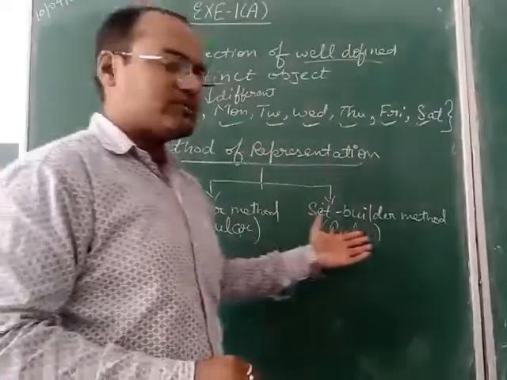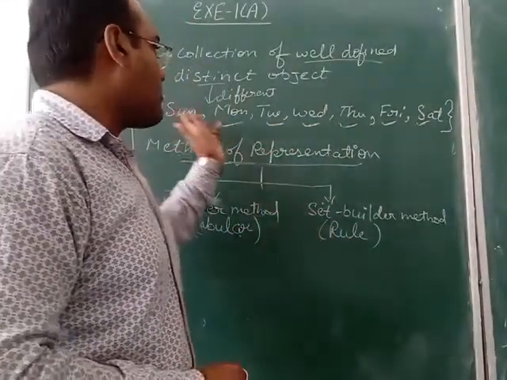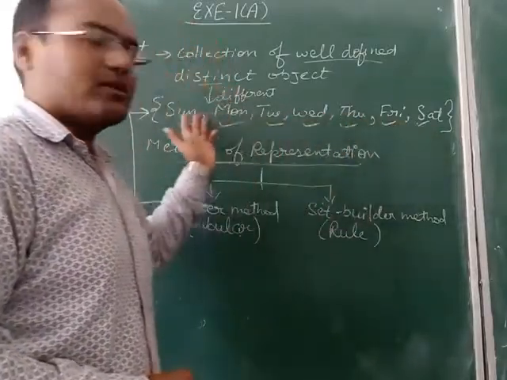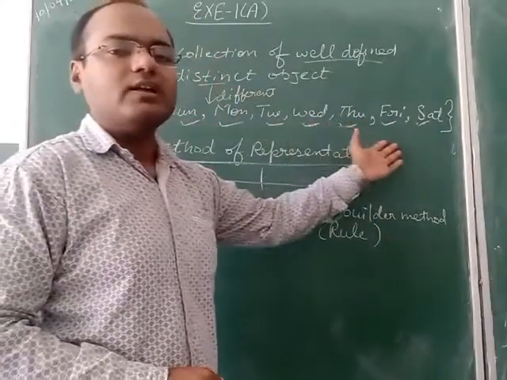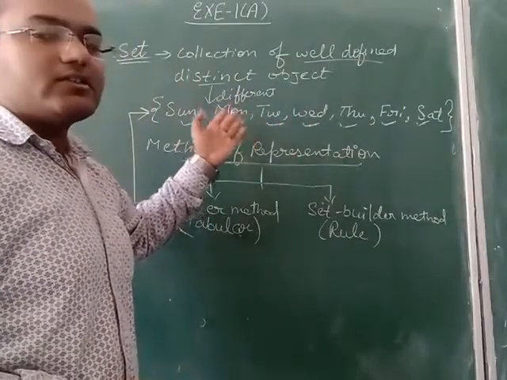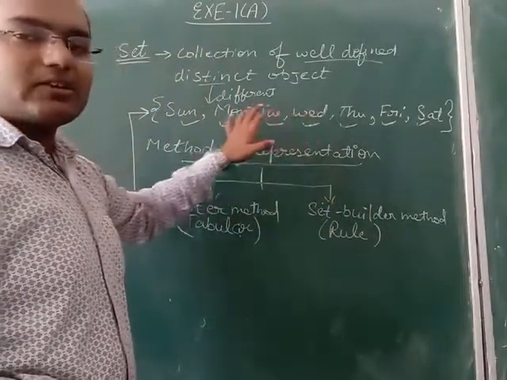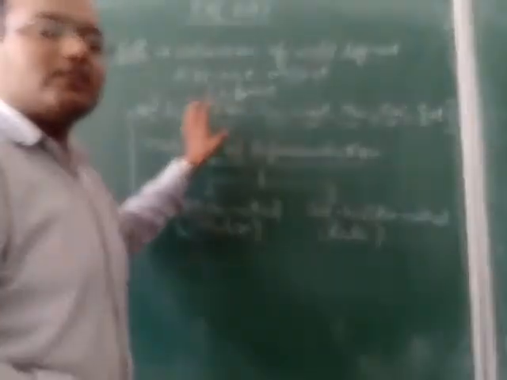And second method is the set builder method. In set builder method we have to write the common properties of these elements. Sunday, Monday, Tuesday, these all are elements of the set. What are these? These are the days of a week.